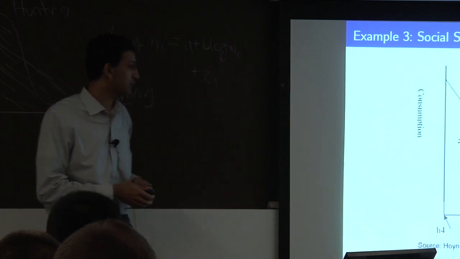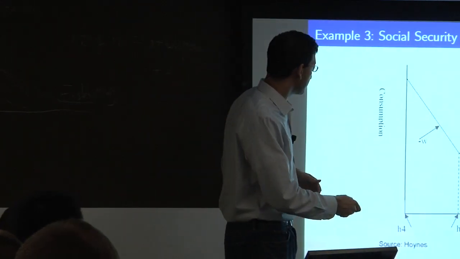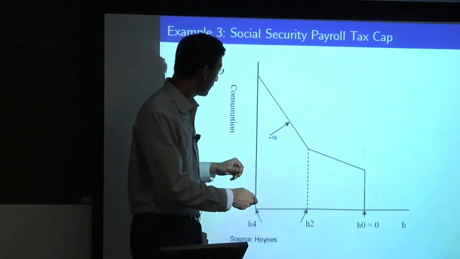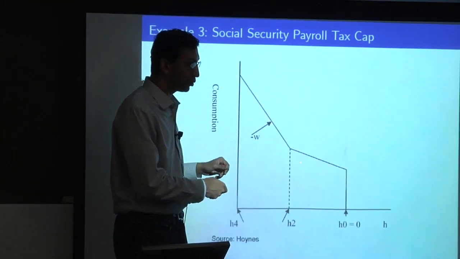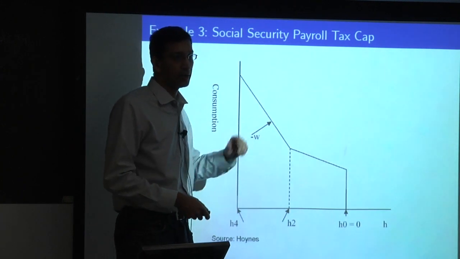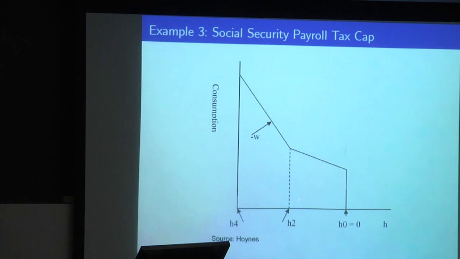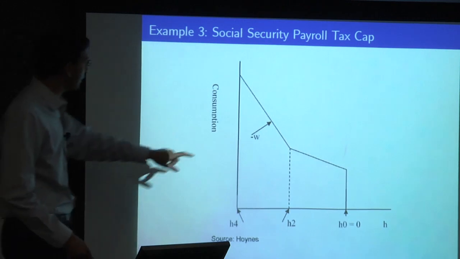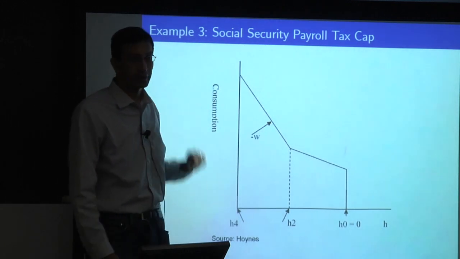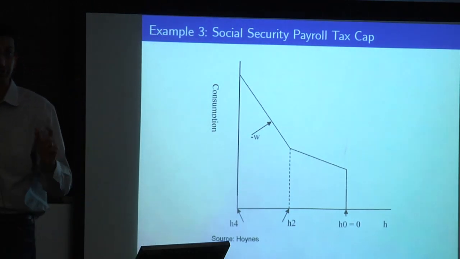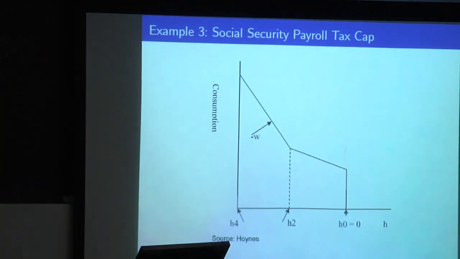So what does that do to the budget set? This creates a non-convex kink, right? Let's say this is the Social Security payroll tax cap. Until this point, I had a lower wage because I was paying 6% to the government on the margin on every dollar that I earn. And then at that point, the wage rate goes up when I cross $110,000. So the marginal tax rate actually falls when I cross that threshold.